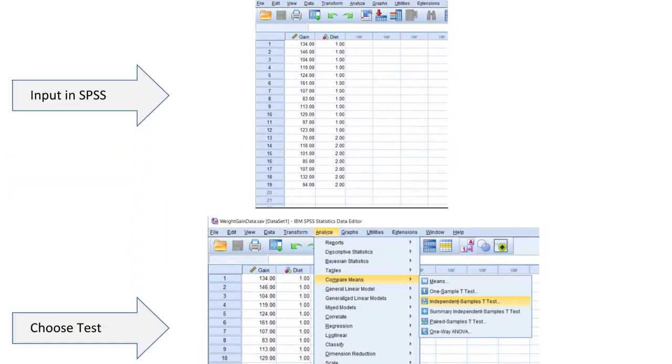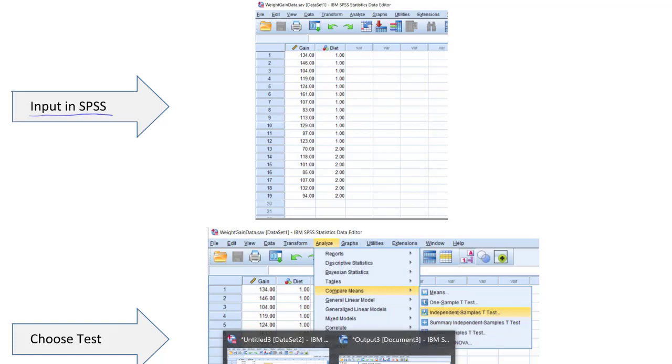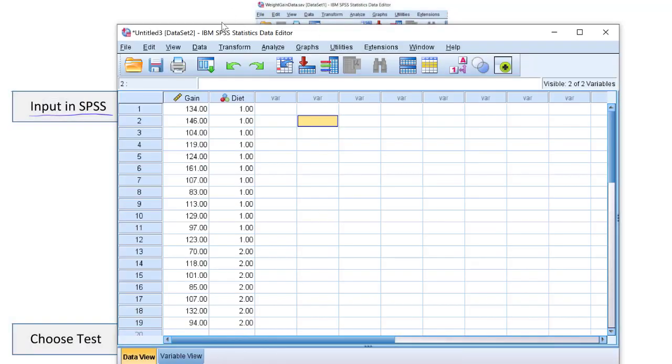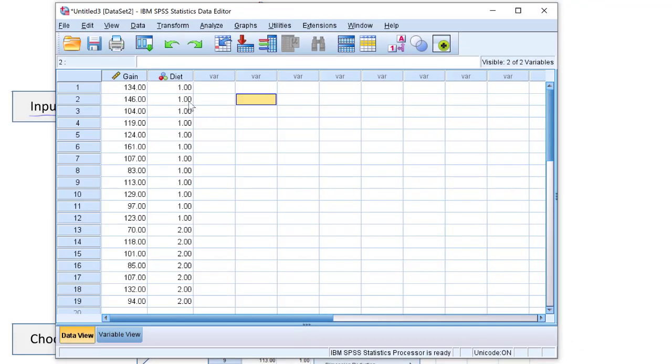So the first thing would be to actually input this all in SPSS. So let me go over there to SPSS, and I've got all that data input there. Now, take a look at how we have to do it here. We have gain, so we have all the data here of the 19 cases broken down, where the first 12 here are from diet 1, the high protein, and the second 7 are the low protein diet.